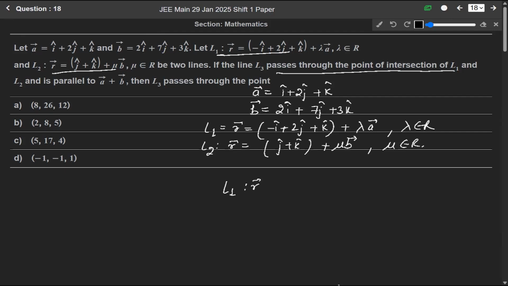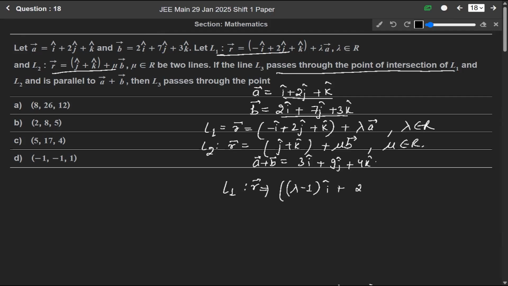Since a is this and b is this, a plus b will be equal to 3i cap and 9j cap plus 4k cap. Okay, so L1 line will be equal to minus i cap plus 2j cap plus k cap plus lambda a, so it will be lambda minus 1 i cap, 2 plus 2 lambda j cap.